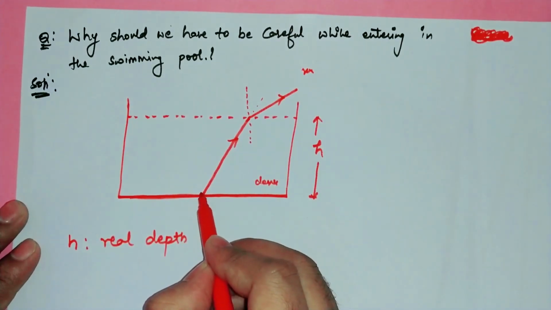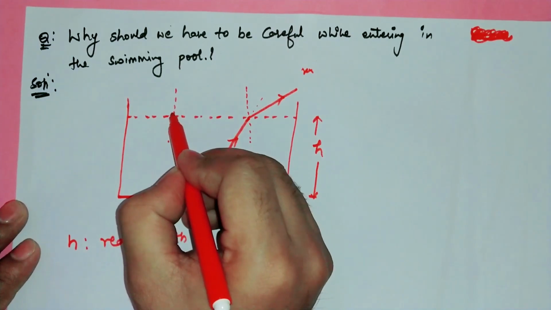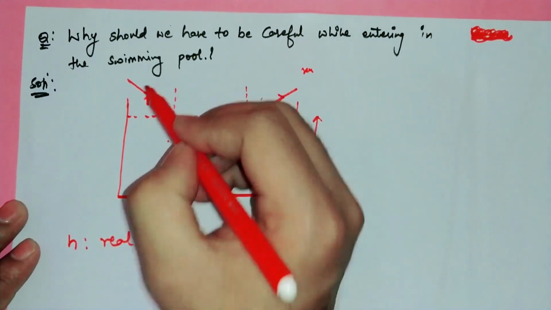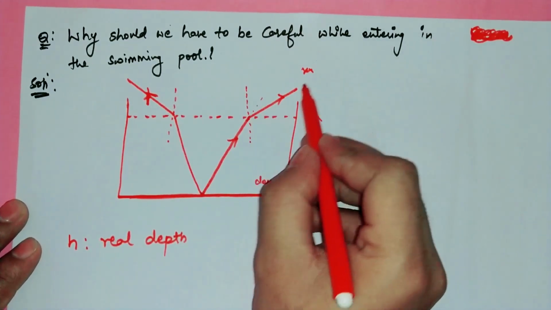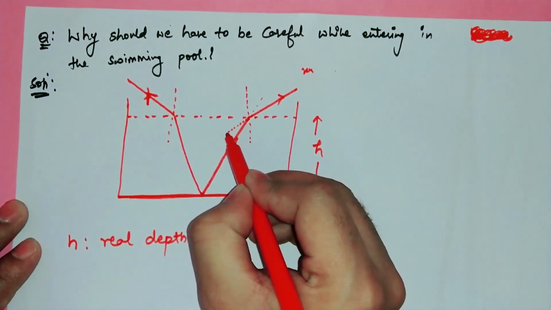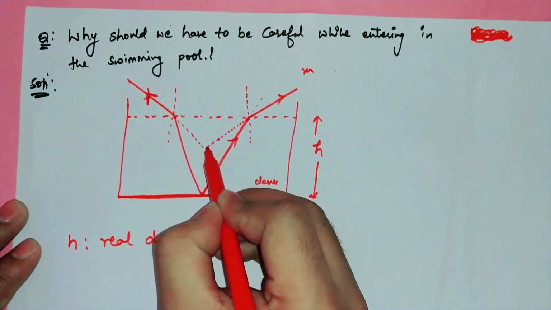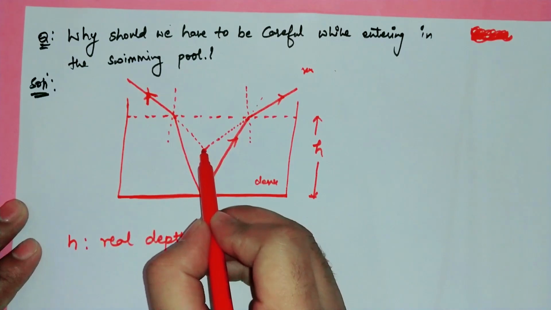Now the second light ray will go like this. Again, this is the normal, and this ray will also go away from the normal. Now these two rays are diverging. If we produce these light rays in the opposite direction, they seem to meet at this point, so the image of this point is here.